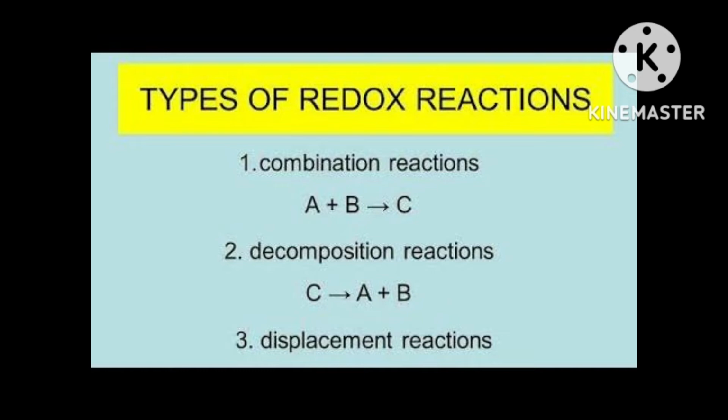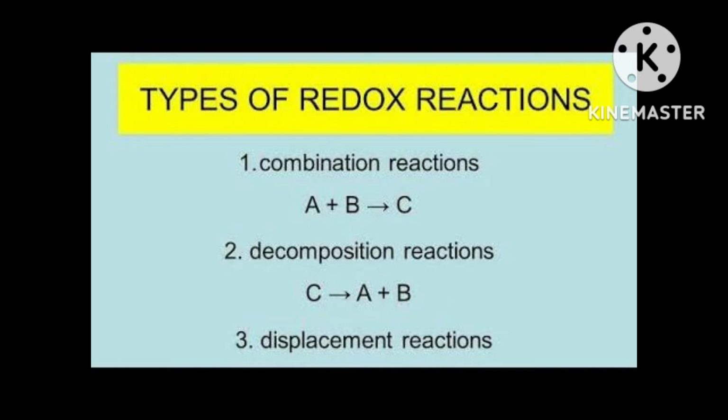And generally all combustion reactions which make use of elemental dioxygen, meaning O2, as well as other reactions involving elements other than oxygen, are redox reactions.